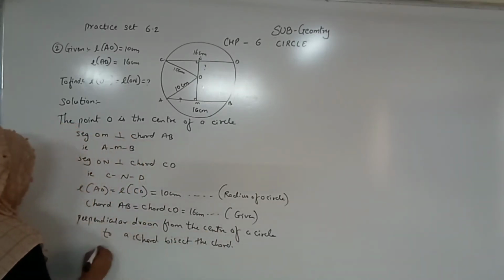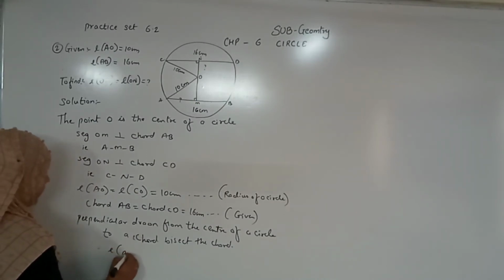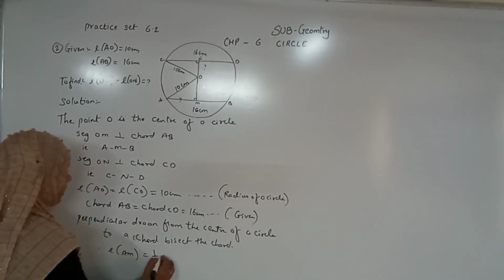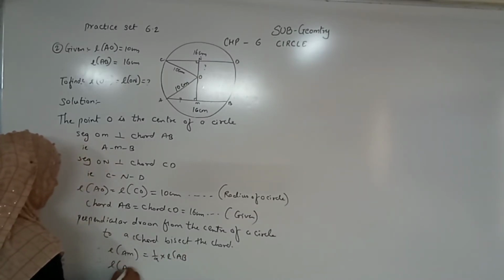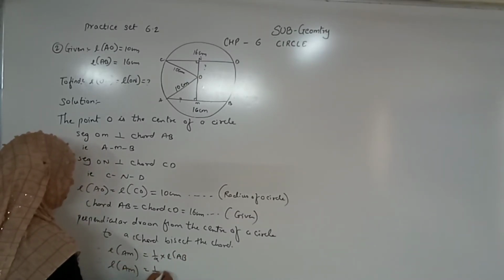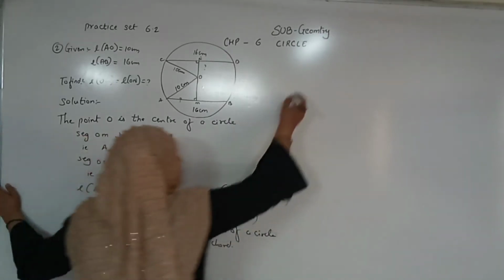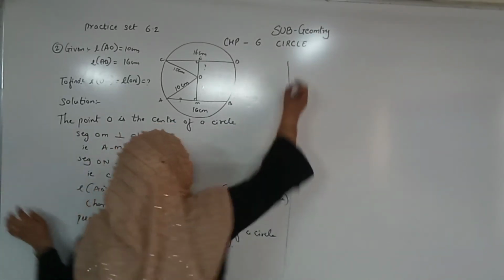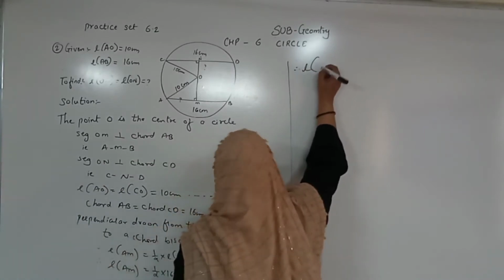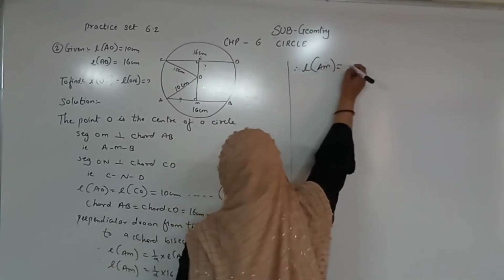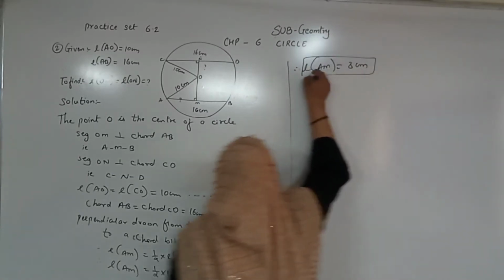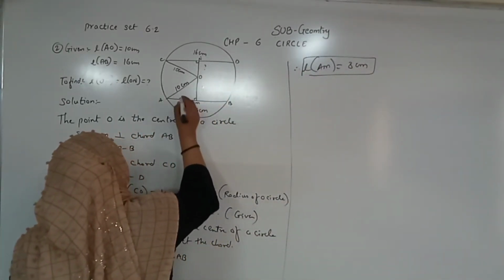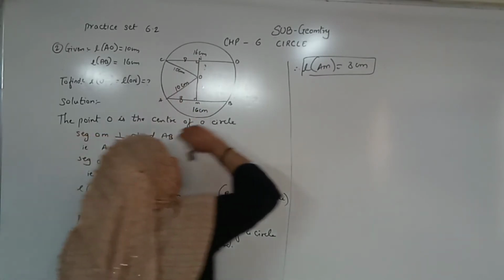Therefore, length AM is half of length AB, so AM equals half of 16. Two eights are 16, so I got 8 centimeters. If AM is 8 centimeters, then CN is also 8 centimeters.